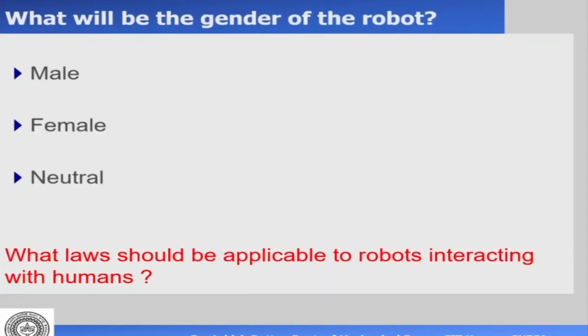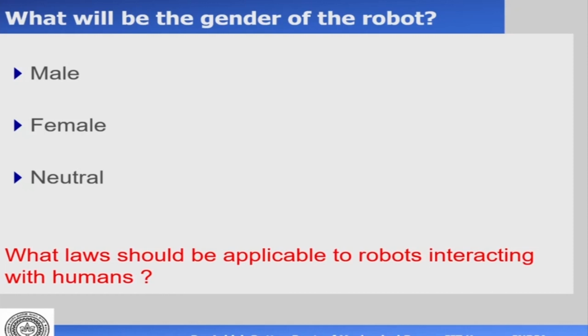Okay. Now, as we are at this topic, these are interesting questions that come up, which probably didn't exist 20 years ago. But today they are there. For example, if you're talking about a robot living in human society, okay, should it be male? Should it be female? Should it be neutral? Suppose you're buying a robot toy, okay, you might have to answer some of these questions. Now, these questions are funny, but they are relevant today.